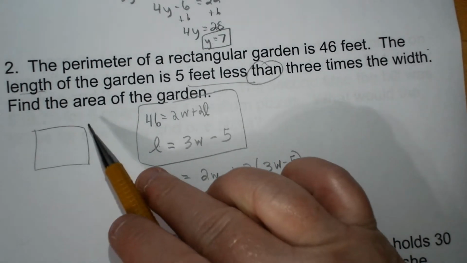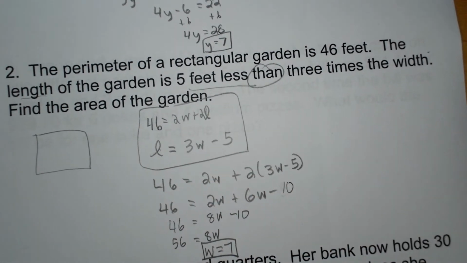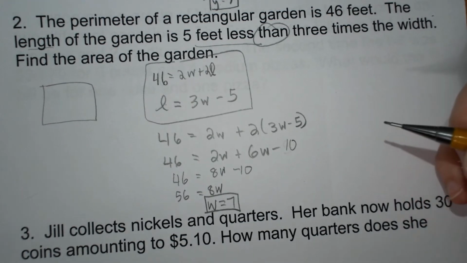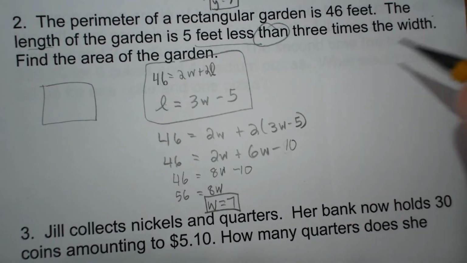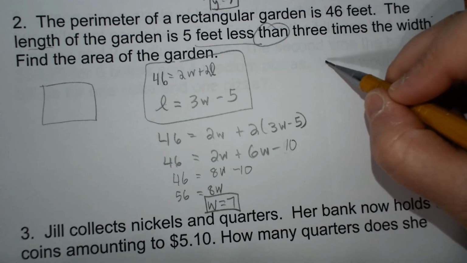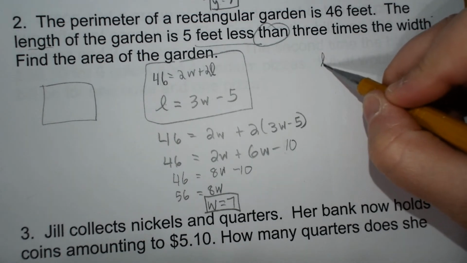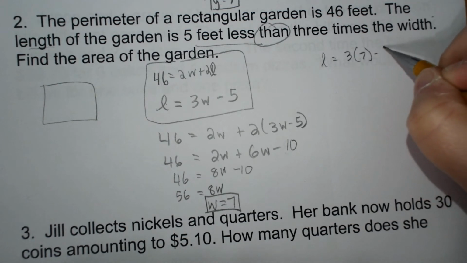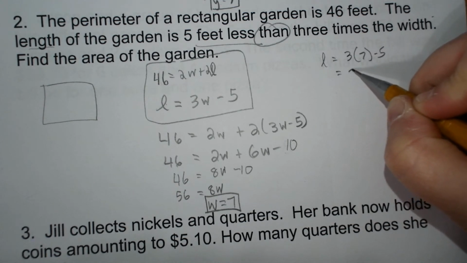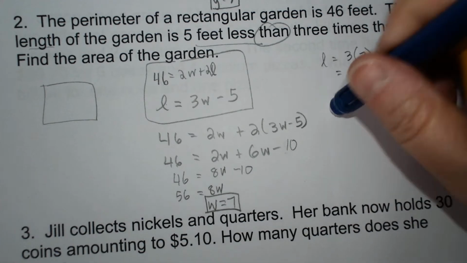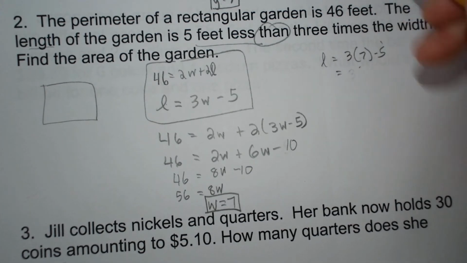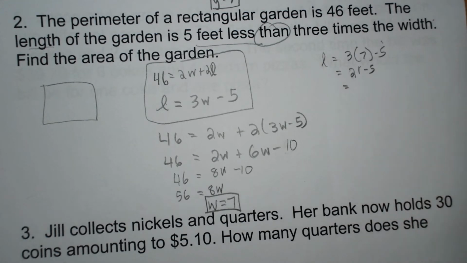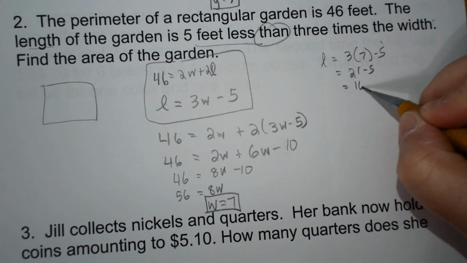Have to find the area. Oh, the area of the garden. So, got to find length and width and then do area. Crazy. So, I do L equals 3 times 7 minus 5, which is 21 minus 5, which is 16.